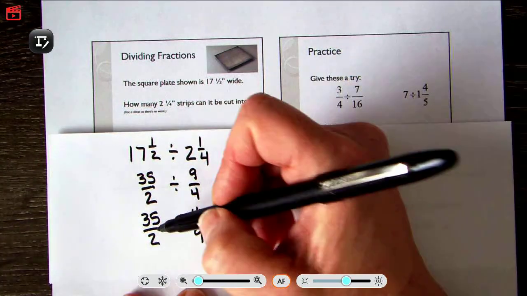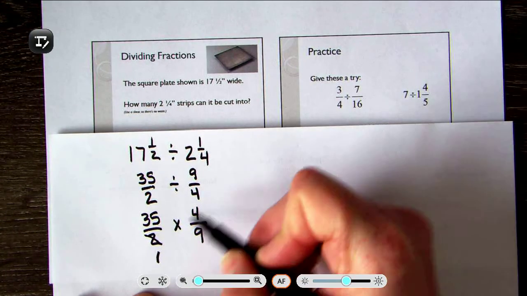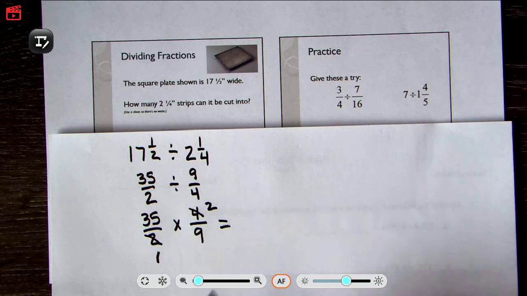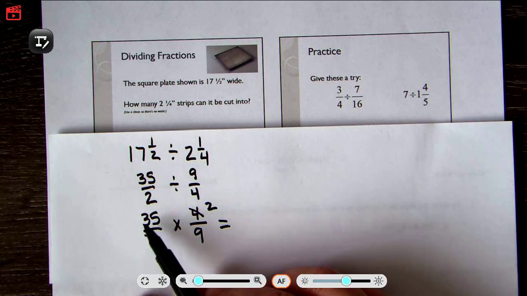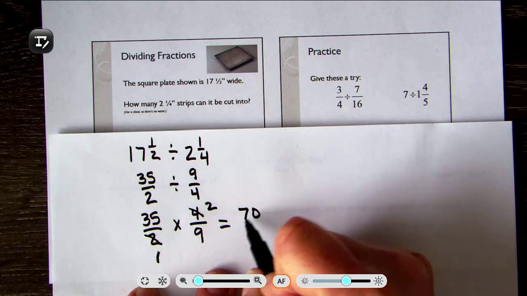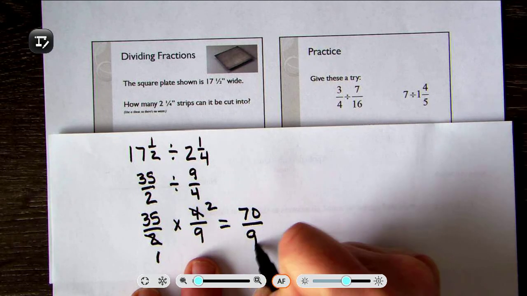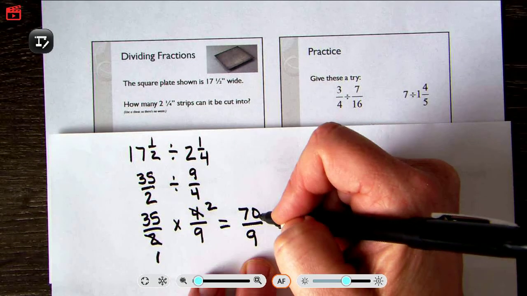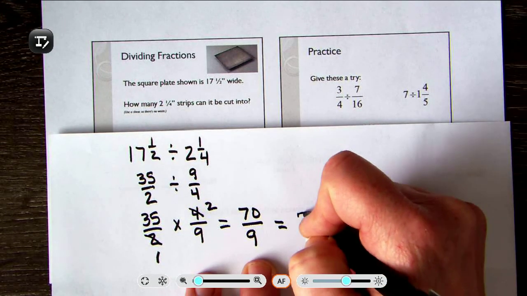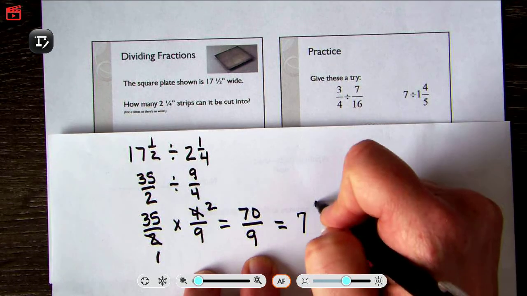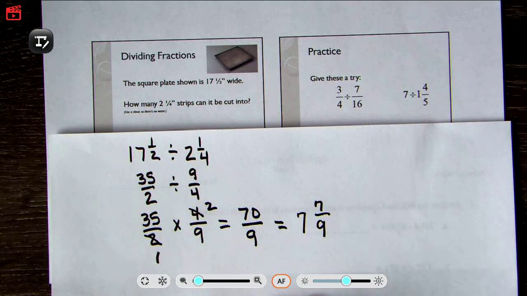Okay, so now I'm going to do some reducing. And now I don't think 35 and 9, no. So then multiplying across the top, 35 times 2 is 70. And 1 times 9 is 9. This is an improper fraction. So 9 goes into 70 7 times. 9 times 7 is 63. So 7 left over. So 7 and 7/9.